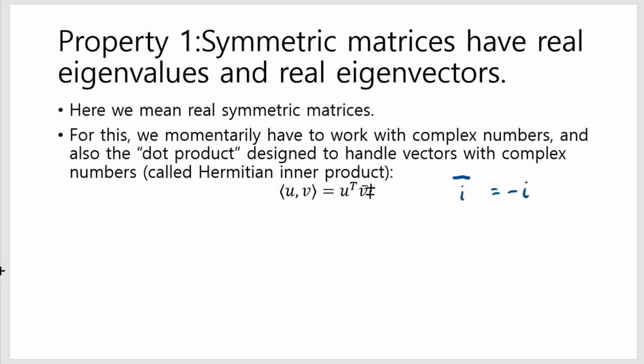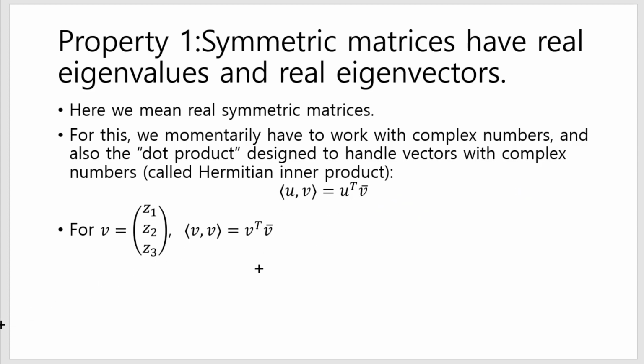If this is a complex number whose element is like 3 plus i, then its bar would give you 3 minus i. That will be done for every element in the vector. You can see that this is an extension of the dot product as we know it, because if u and v are both real vectors, then the conjugate doesn't do anything for purely real numbers. So it's just an extension of the usual inner product that we know.